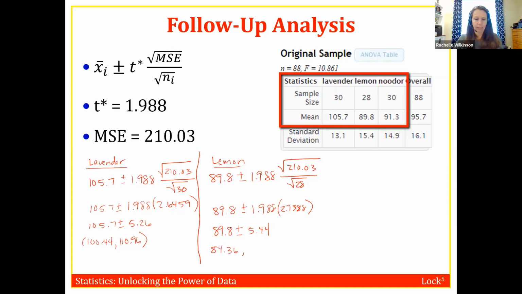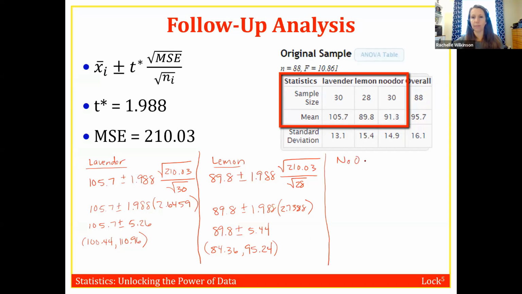And then I take 89.8 plus 5.44, which gives me 95.24. All right, so there's my confidence interval for lemon. So I'm 95% confident that the mean time spent in the restaurant with lemon odor present is between 84.36 and 95.24.